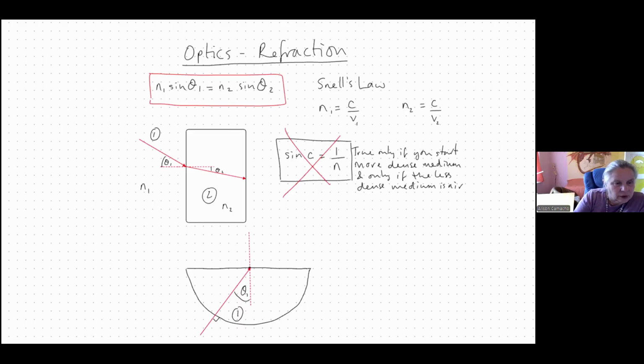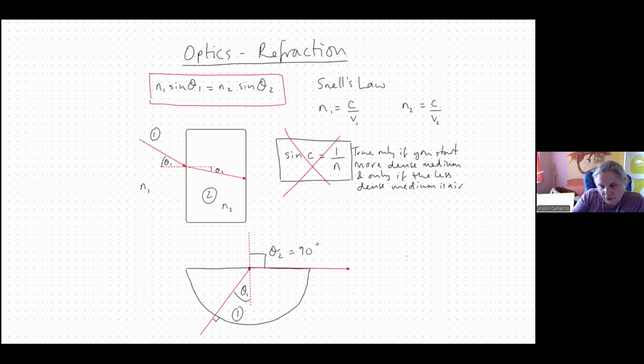So right now, if theta 1 is the critical angle, then my angle of refraction is 90. So there is my theta 2, and it's 90.